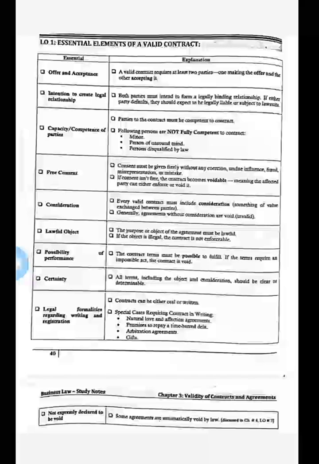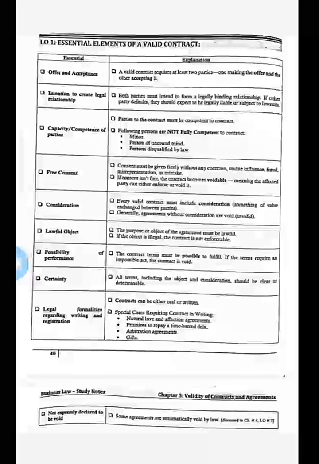Now we will see other chapters as well, that include intention to create legal relationship, capacity, competence of parties, free consent, consideration, lawful object, possibility of performance, certainty, legal formalities regarding writing and registration, and not expressly declared to be void. So let us see the explanation of these essential elements. We are just covering the explanation here, and we will cover all the elements with a separate chapter.